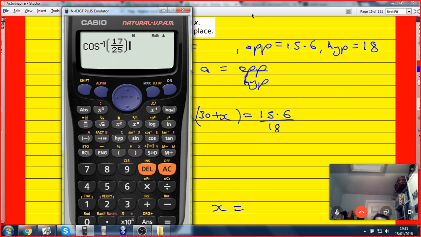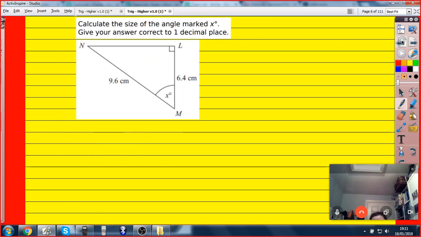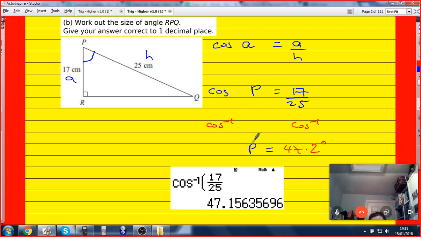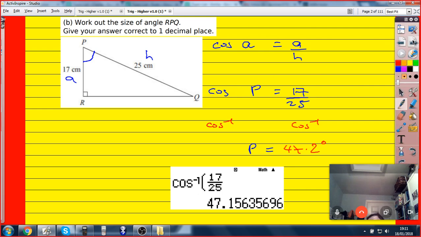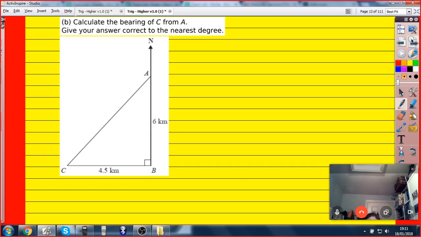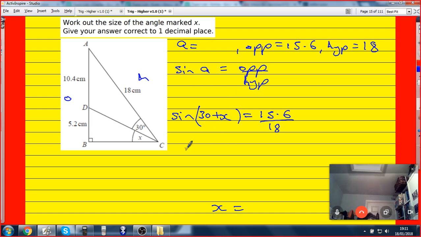So, how do you get rid of sine? How did you get rid of cos? You had cos p, and then you had just p. How did you get rid of cos? Oh, minus it. Yeah. Minus what? Inverse, arc cos, shift cos. How do we do this one? So do you have to shift sine?